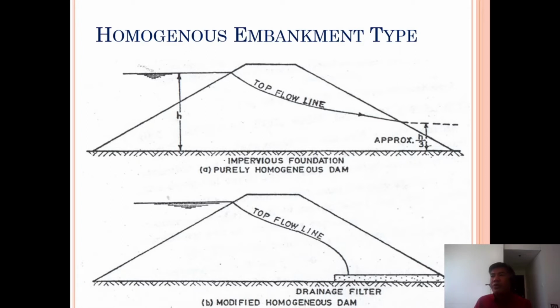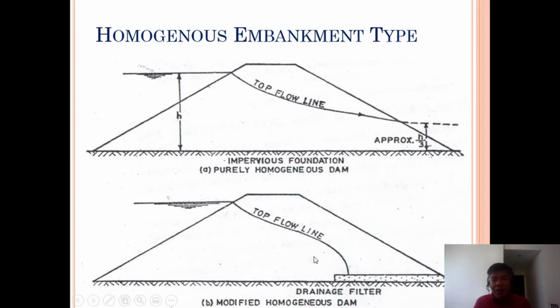When you simultaneously analyze the cross section with both the seepage and the slope stability, the software will determine that the part below this line is already saturated and the upper part is dry. Anyway, we will discuss it later in the analysis of slope stability and seepage.